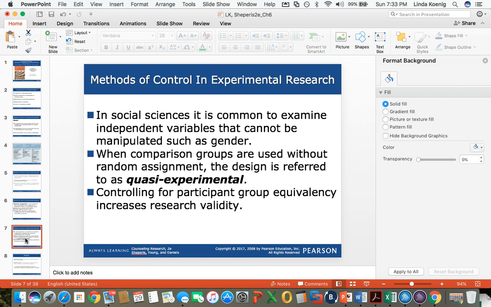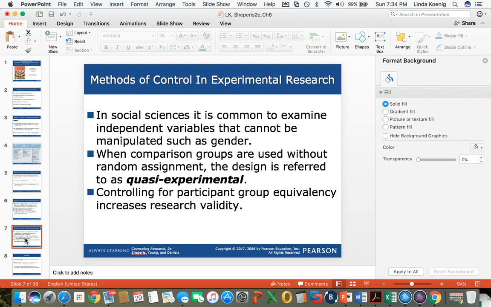All right, in social science, we've talked about this in other chapters. It's really common to look at independent variables that we can't manipulate, like gender. When comparison groups are used without random assignment, we always place that under quasi-experimental. So if we're not assigning this person to a group, in other words, we're selecting, then it is quasi-experimental, falls under the middle category per the table that we looked at earlier.